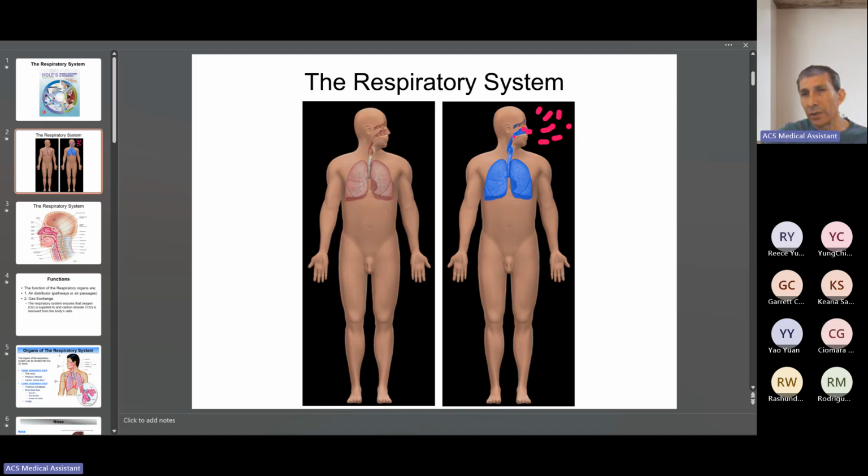Then it goes all the way to the back of the throat, then to the pharynx, not the pharynx, because that's for food and liquids, to the larynx, to the trachea, to the bronchi, right and left, to the bronchioles, the branches, to the lungs.